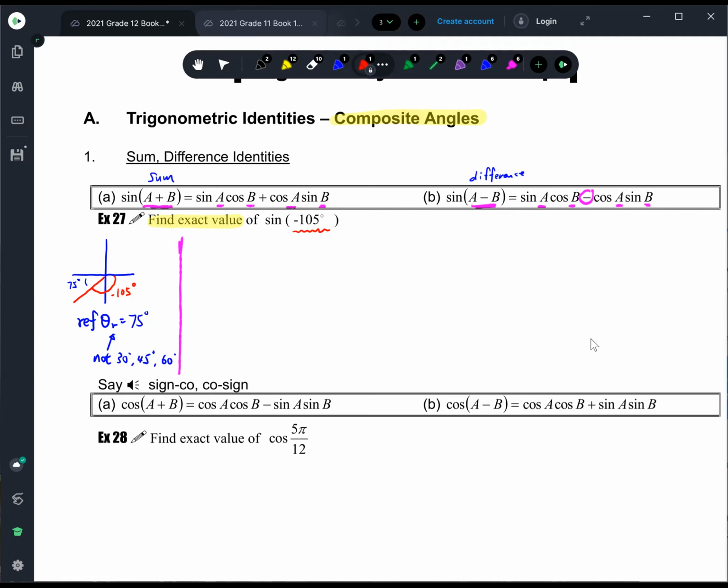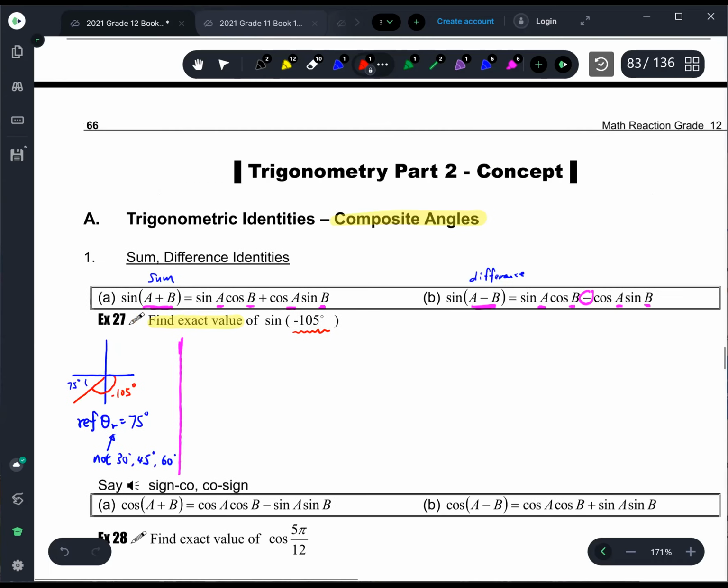We want to use two angles to make up negative 105. Either you use adding or subtracting, it doesn't matter. So pick two angles. You either add them or subtract them to make 105. Remember, special angles.